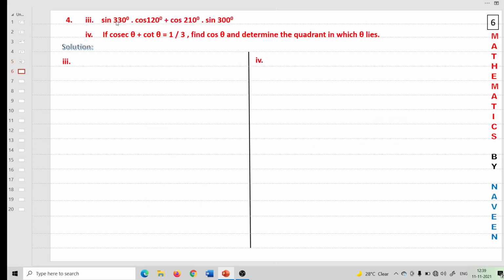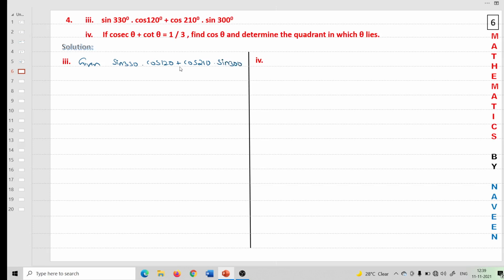Next problem. Find these values: sin 330 cos 120 plus cos 210 sin 300. And the fourth problem, this one. So first, the third problem solution. Given sin 330 into cos 120 plus cos 210 into sin 300.